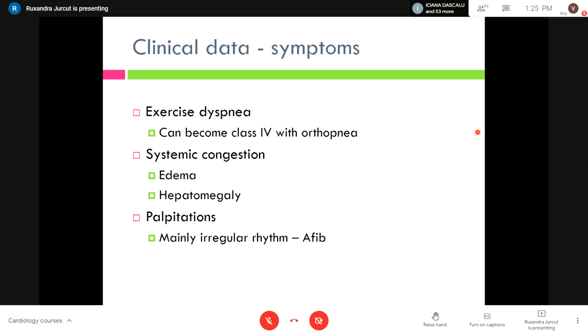So if there is a high pulmonary pressure, there can be systemic congestion, lungs in the pleura, so there can be water up in the blood built in the pericardium.